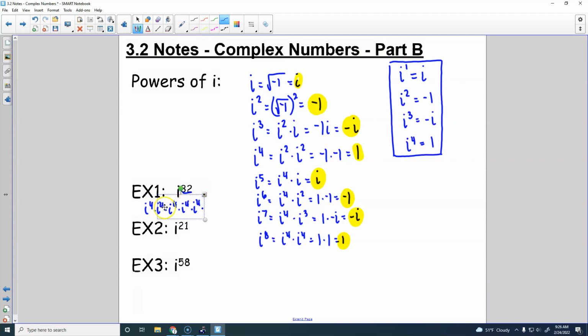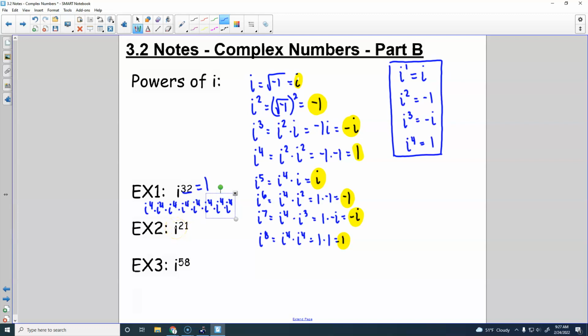It'd be 8 times, I think. That's just multiplying 1 by itself 8 times, which is still going to equal 1. So if your power is divisible by 4, then you can just know that it's 1.